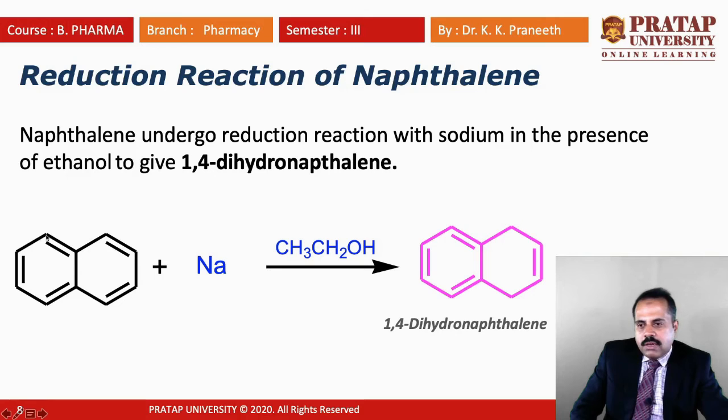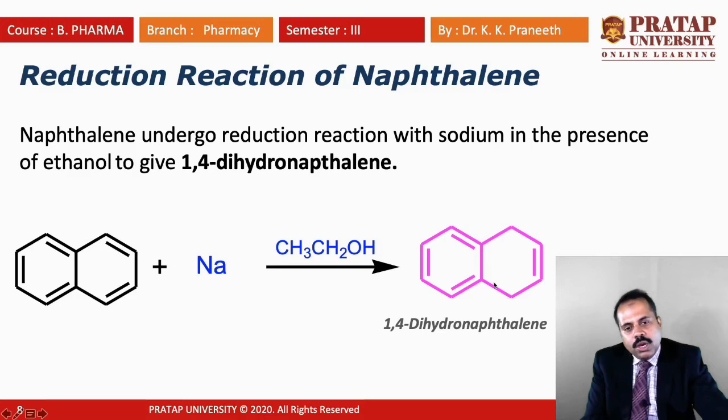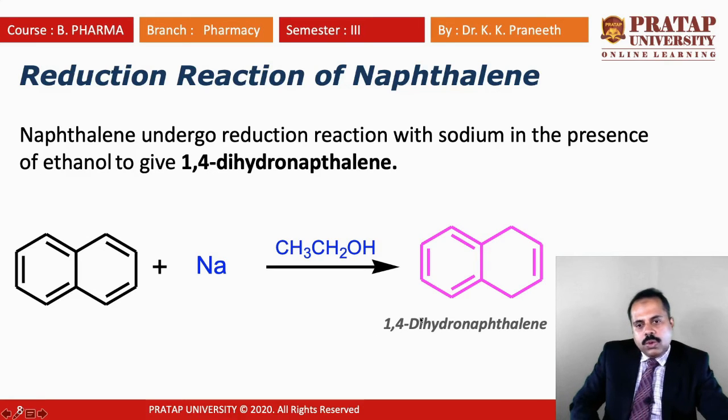Here there are 8 hydrogens. In the product, 1, 2, 3, 4 hydrogens here, 5, 6 are 2 hydrogens here, then 7, 8, 9, 10. So there are 10 hydrogens here and 8 hydrogens there. 2 hydrogens got added in the product to form 1,4 dihydronaphthalene. So, di means 2. 2 hydrogens got added into the product from naphthalene in the presence of sodium. So that is a reduction reaction of naphthalene.